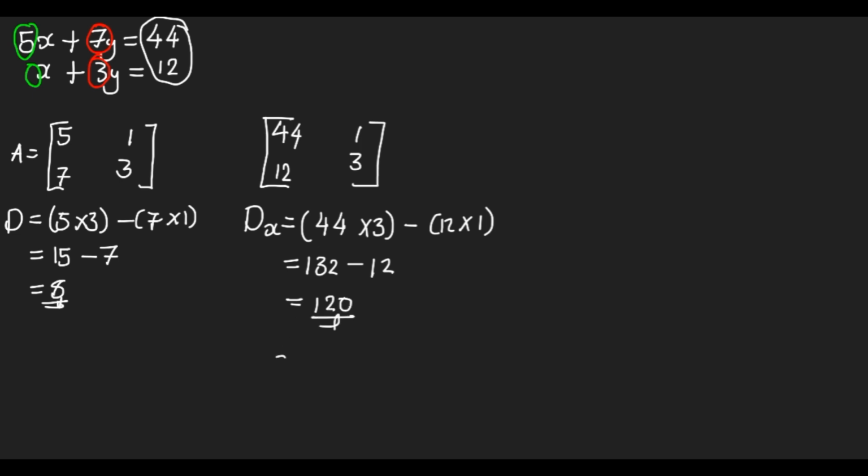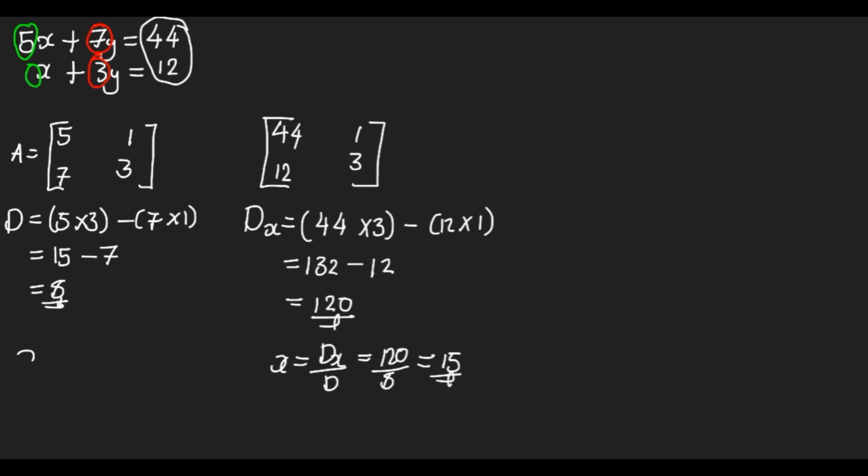So now the value of x is equal to Dx over D. So this is 120 over 8. 8 into 120 is 15.